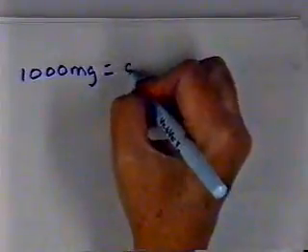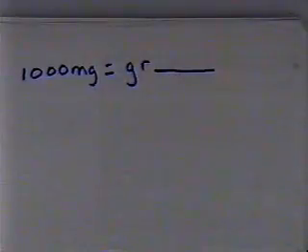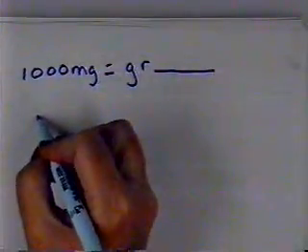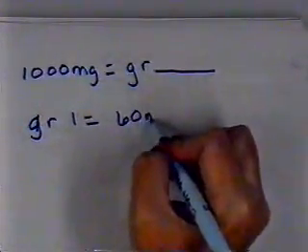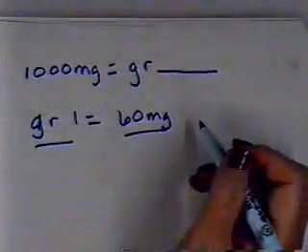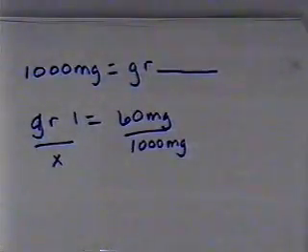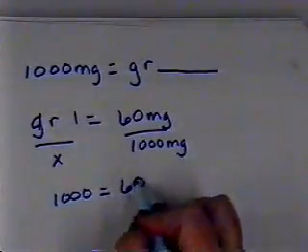1,000 milligrams to grains. What is the conversion for grains to milligrams? One grain is 60 milligrams. So 1,000 milligrams is X. 1,000 equals 60X.